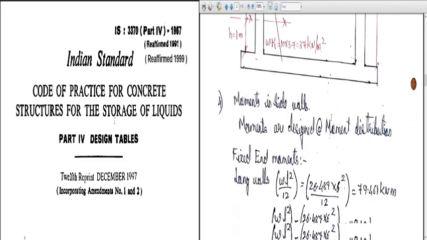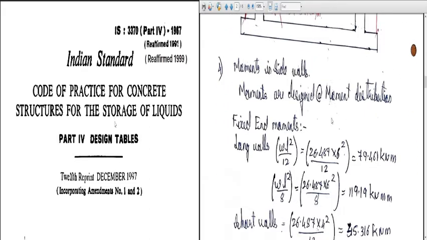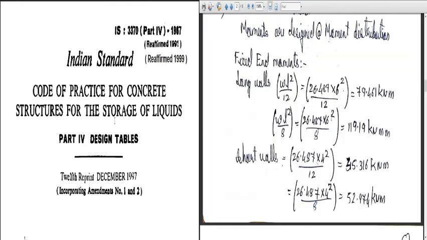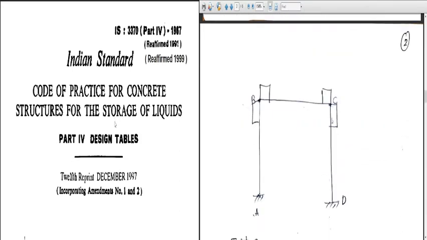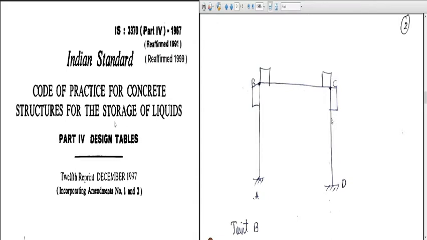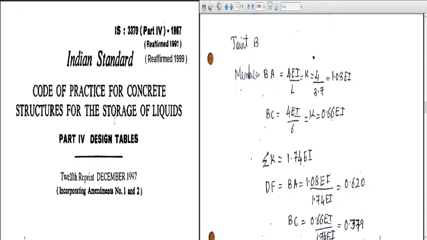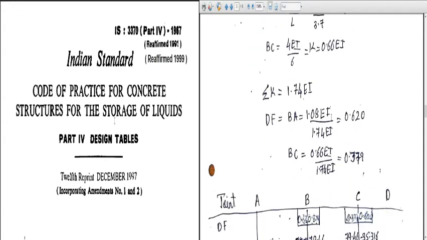The moments in the side walls were computed. First, according to the moment distribution method, we computed the fixed end moments for the long wall and short wall. These are the fixed end moments. Then this is how we considered the wall. Here also the distribution factor was computed, which was like this.